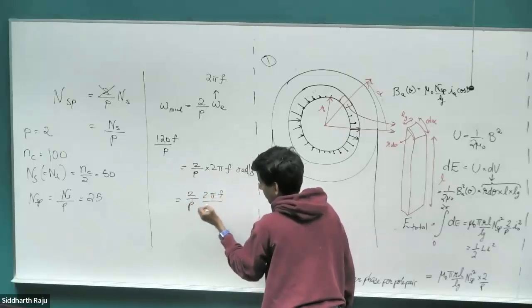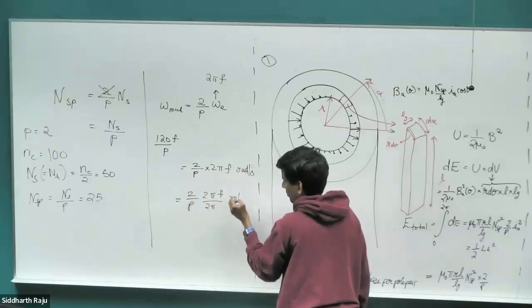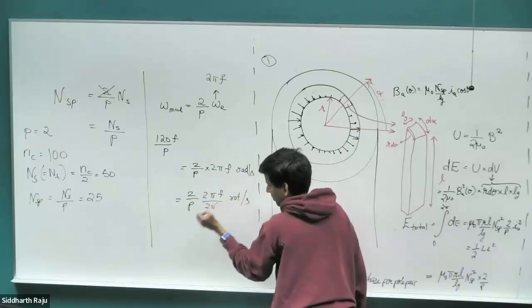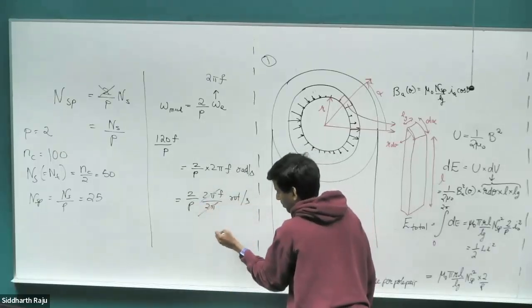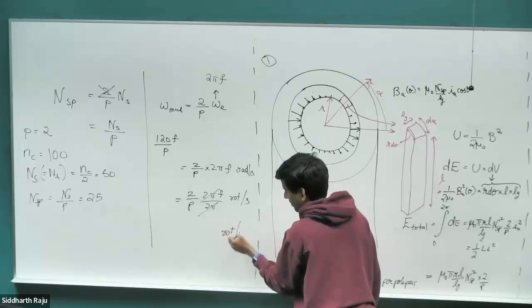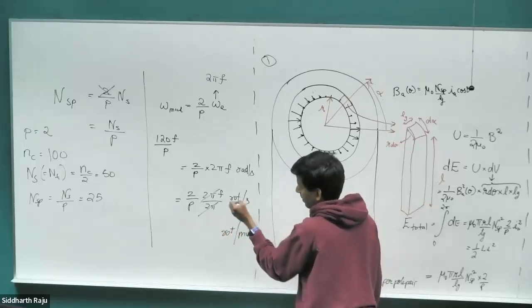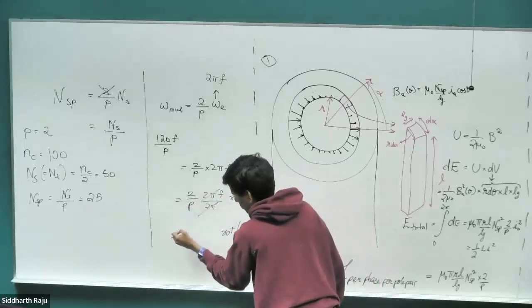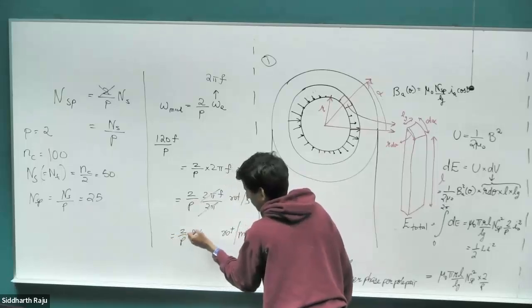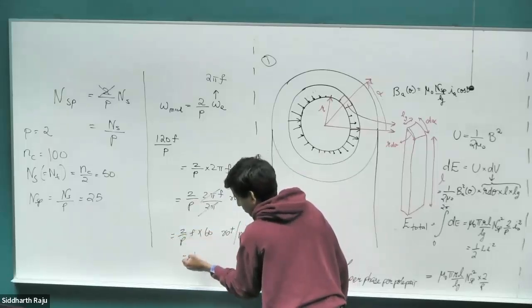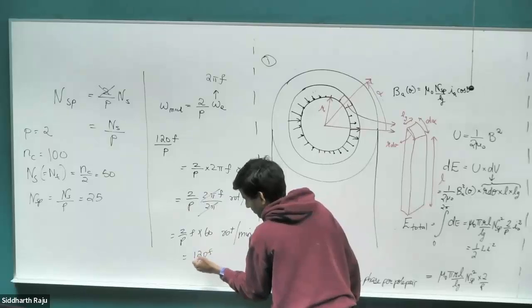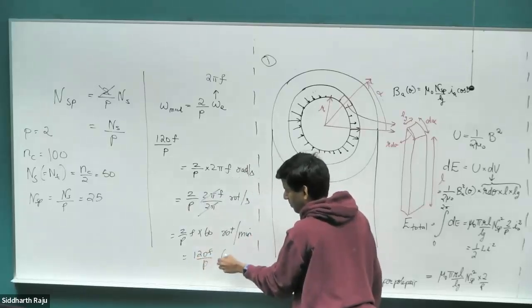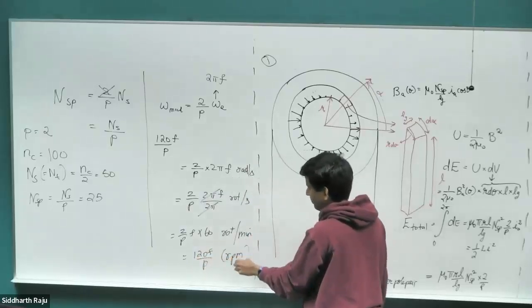So 2 pi F divided by 2 pi will give you rotations per second. So this cancels. And when we talk about the motors, we usually represent it as rotations per minute. So every minute has 60 seconds, so there will be 2 divided by P times F times 60, which gives you 120 F by P. This will be your speed in RPM, rotations per minute.